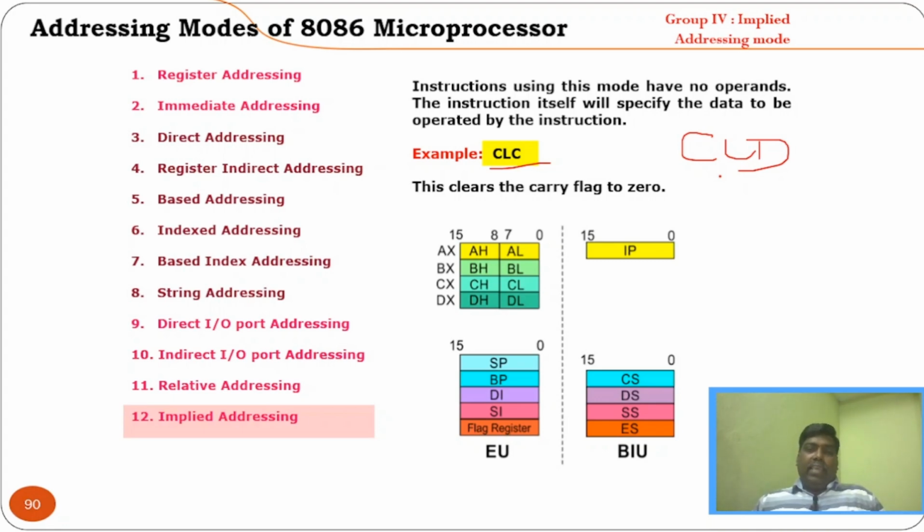So CLC is an implied instruction which will clear the carry flag, and similarly, CLD also is an implied instruction which will clear the direction flag, right? So here there are no operands, only the instruction is given. In the instruction itself you have the operand, that is these flags, right?